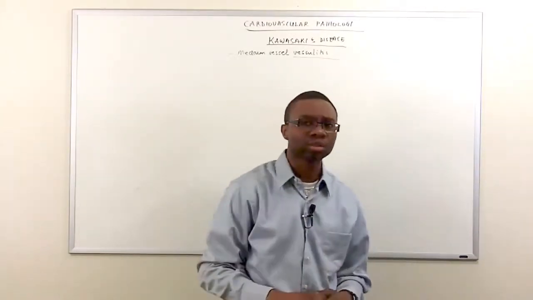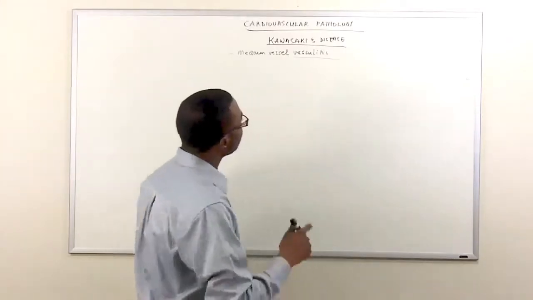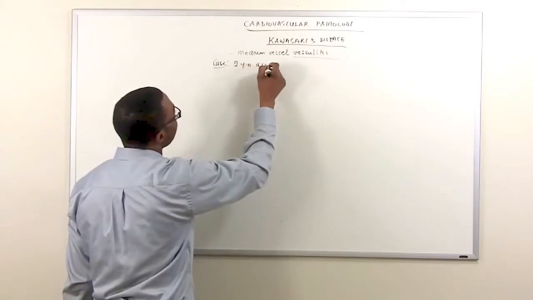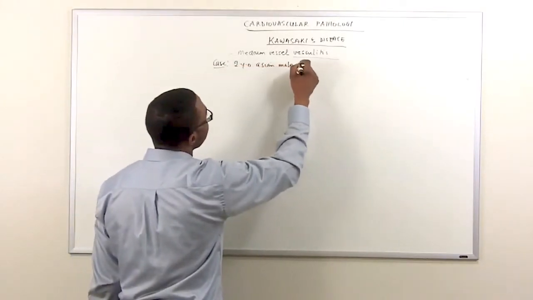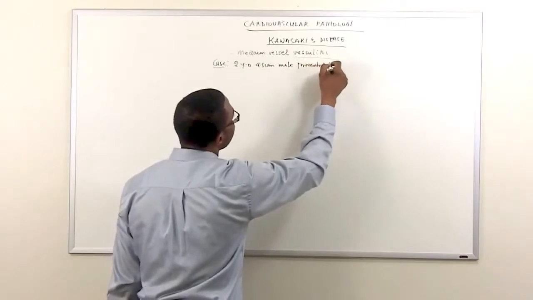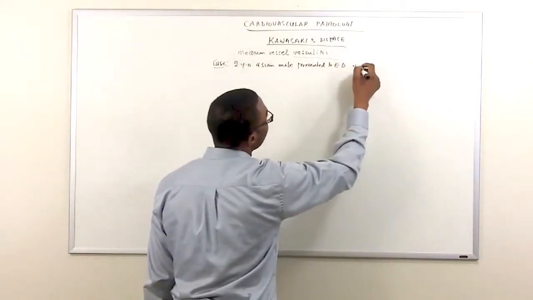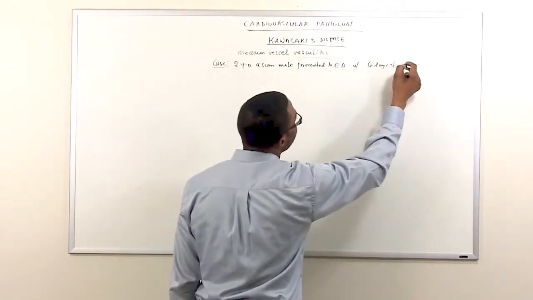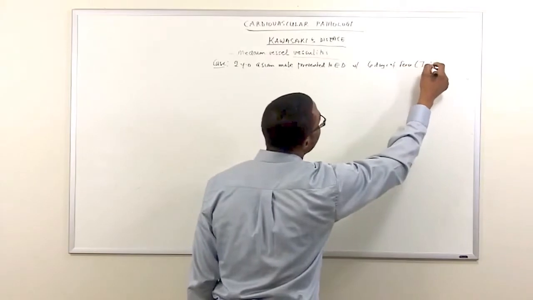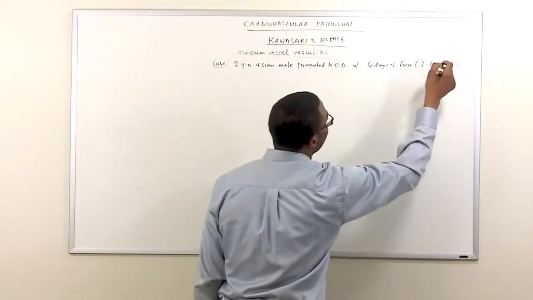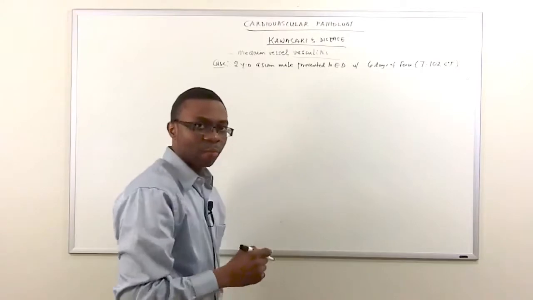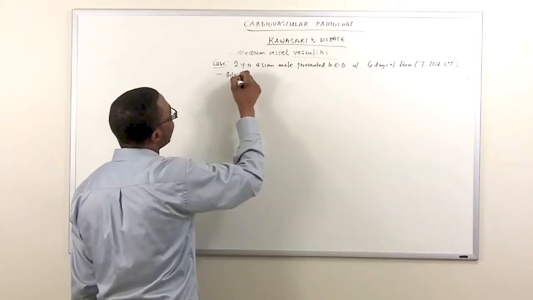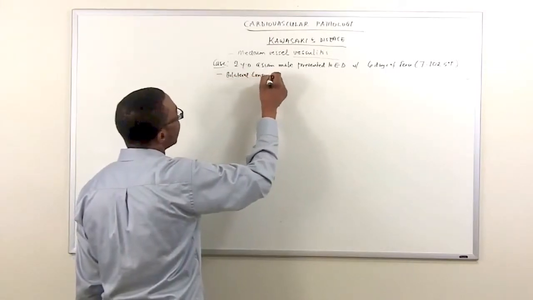A 2-year-old Asian male presented to the ED with 6 days of fever, temperature of 102.5 degrees Fahrenheit. You notice on physical exam, the child has bilateral conjunctivitis.